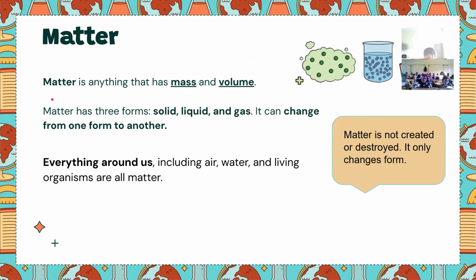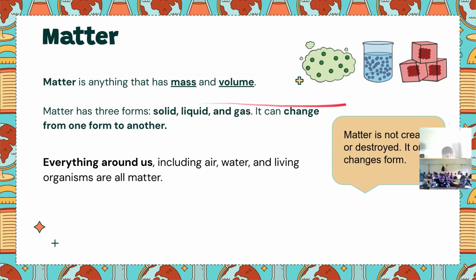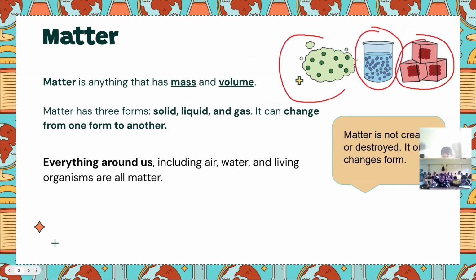What it basically means is that matter can only change between solids, liquids, and gases. A solid can turn into liquid by melting, and water can turn into gas by boiling.